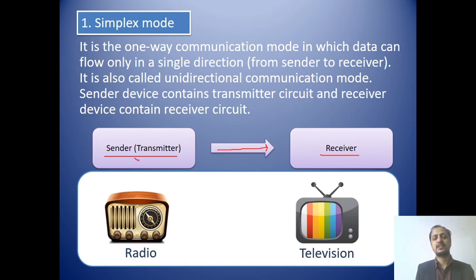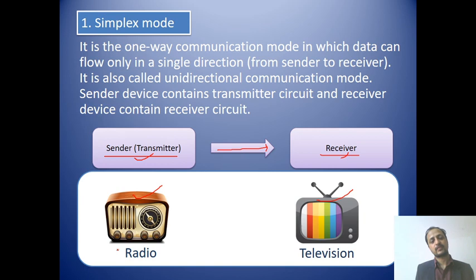The sender device has a special circuit called a transmitter, and the receiver device has a special circuit called a receiver. They cannot interchange their roles. Examples of communication technology implementing simplex mode are radio and television.